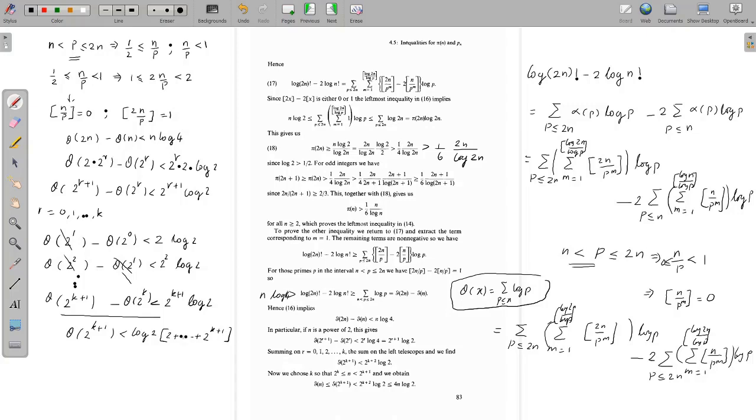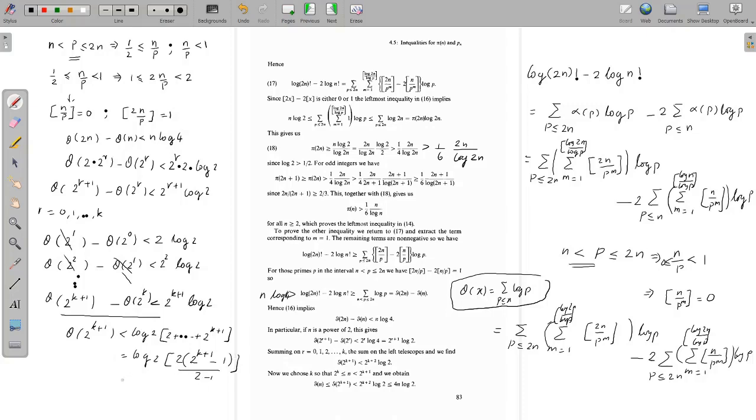So this is a GP starting from 2 and going all the way up to 2 raised to k plus 1, so it contains k plus 1 terms. This can be written as log 2 times the first term 2, times the common ratio 2 to the power k plus 1 minus 1, divided by 2 minus 1.